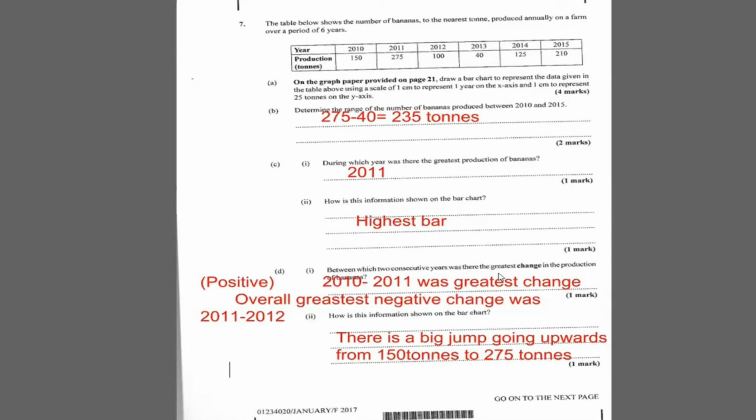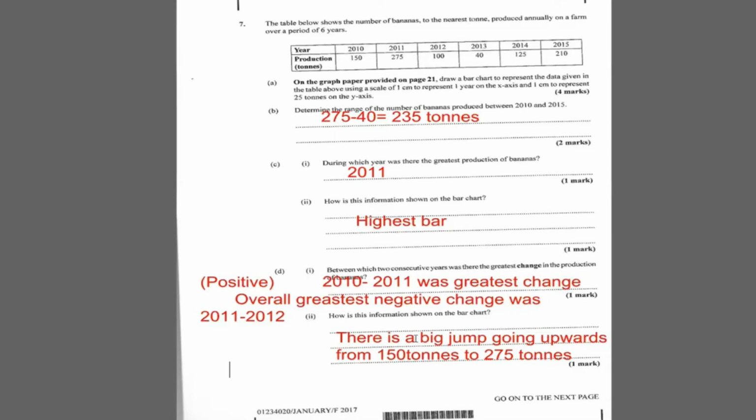They should have used something else. When they say greatest, this has a positive connotation to it. But greatest could also mean which year had the most drastic thing happen. So the most drastic thing actually happened from 2011 to 2012. But because they say greatest change, it sounds positive to me. So that's 2010 to 2011. But if they're talking about overall, which year has the most drastic change, it would be from 2011 to 2012.